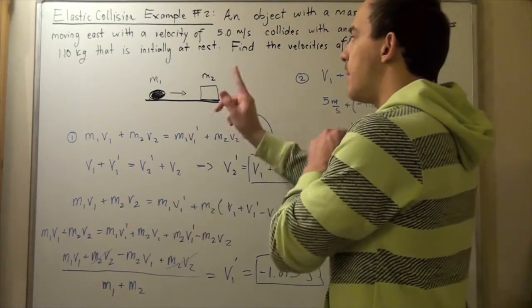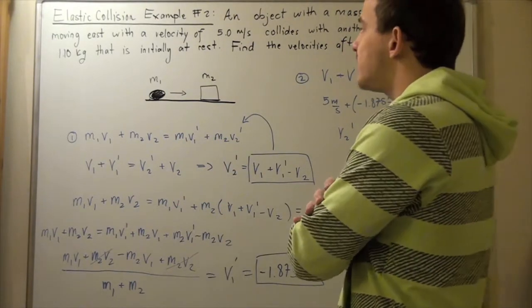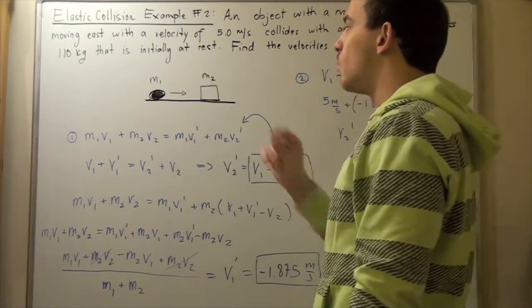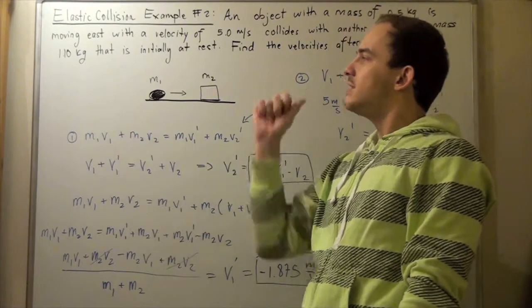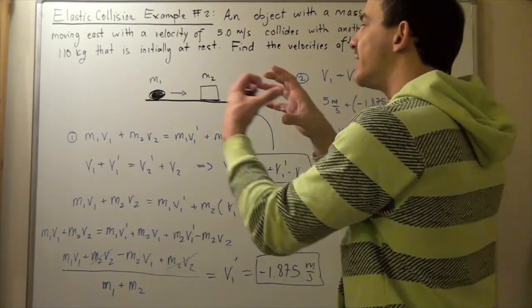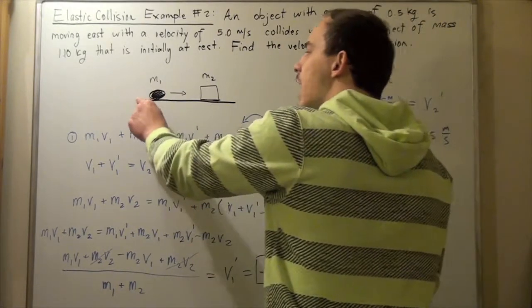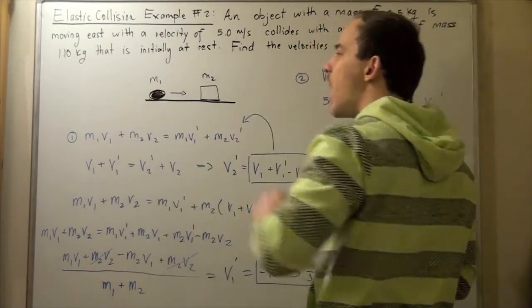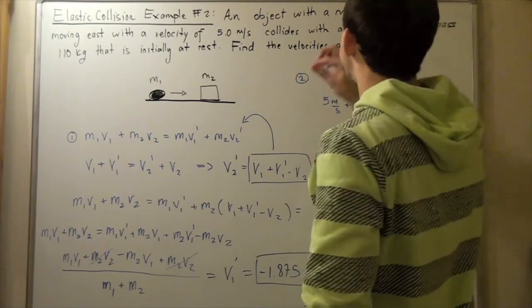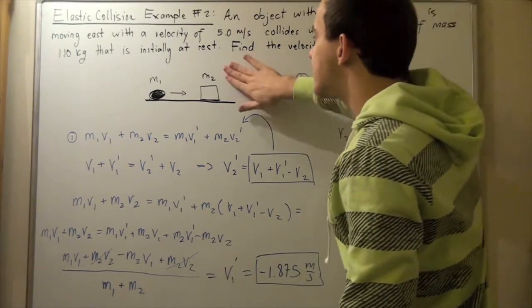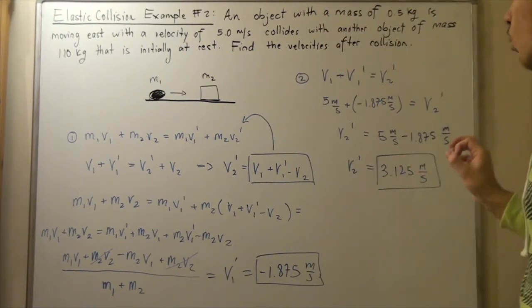Before the collision, object number 2 is stationary, while object number 1 with mass m1 is moving in the east direction. After they collide, this object begins moving in this direction, but object 1 bounces back in the opposite direction because its mass is less than this one's mass. And that's exactly what we find.